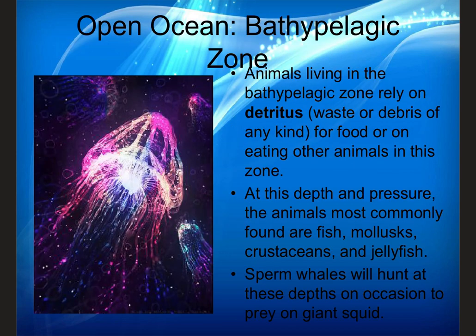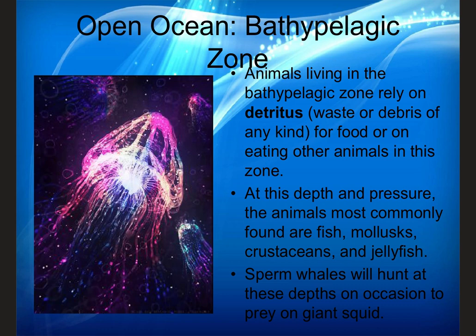All right, so the third zone indicated up here. Animals in this zone rely on waste material, and this new word here, detritus. This stands for waste or debris of some kind, for food, or they rely on eating other animals in this zone.